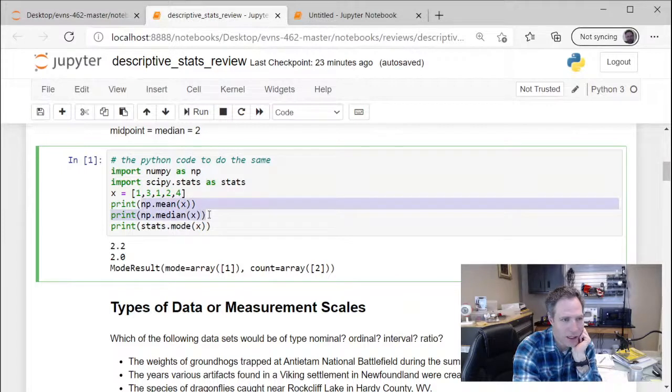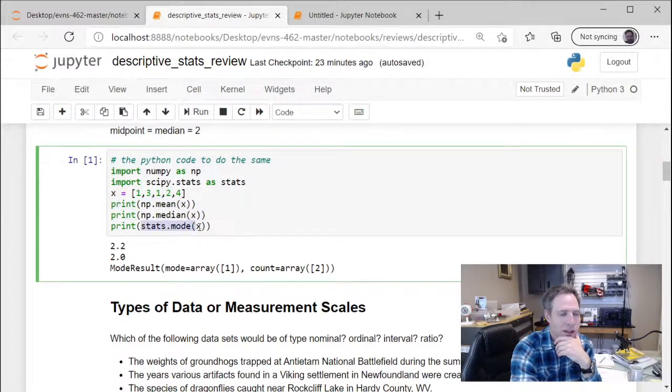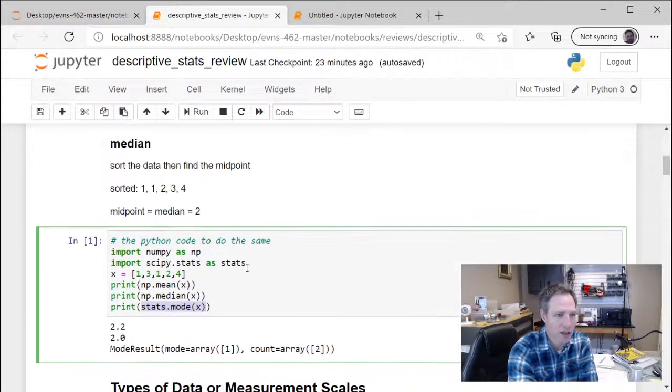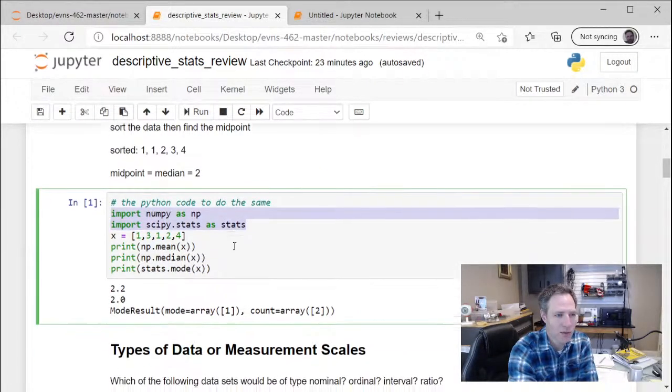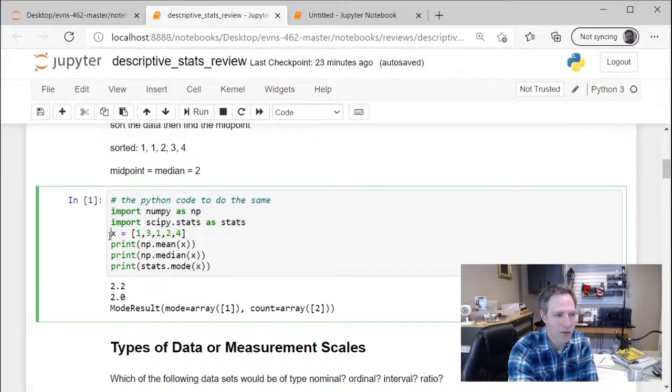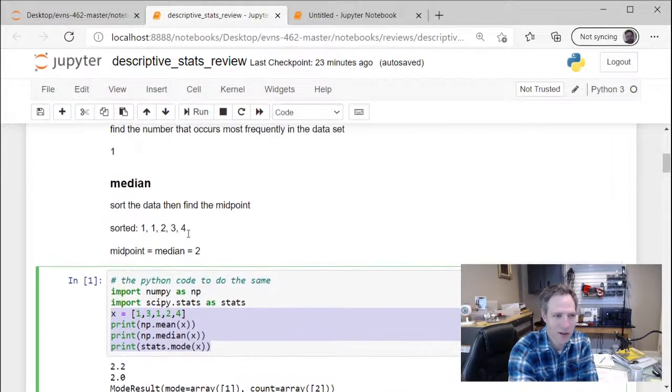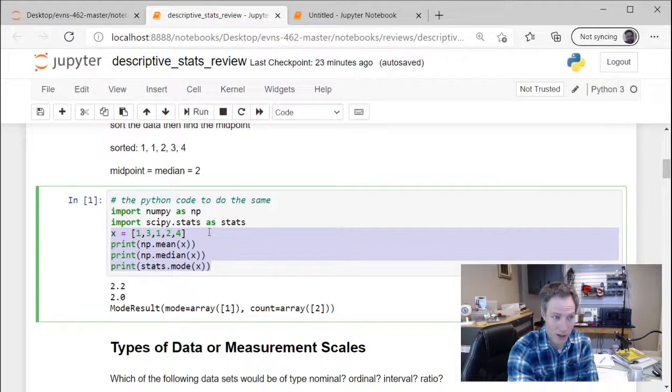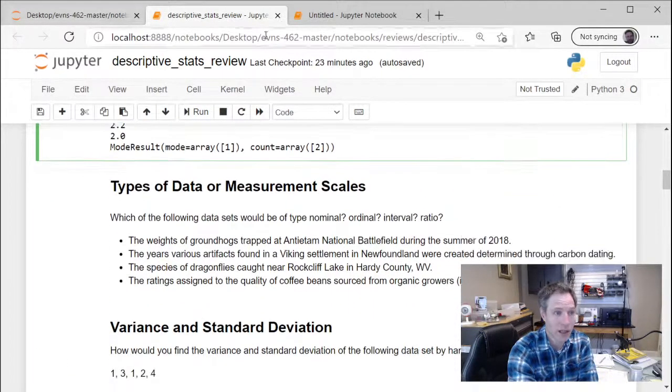The mean and median here are using functions that are built into NumPy, and the mode is calculated using a function that's built into the stats package, which are imported here as the tools. So while you'll never actually calculate mean, median, and mode longhand in practice, I will expect you to be able to do this on the exam. Do it once so that shows me that you know what they are. Okay.